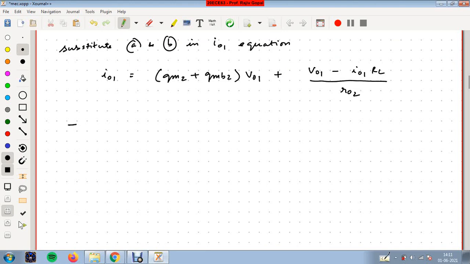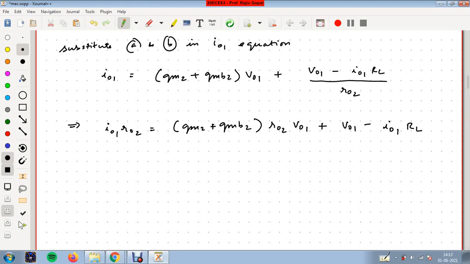Solve this, multiply throughout with R02. So I01 R02 is equal to (GM2 + GMB2) R02 V01 plus V01 minus I01 RL.